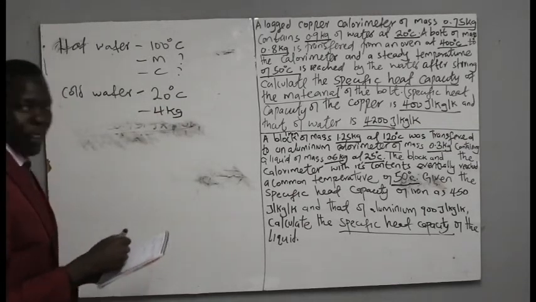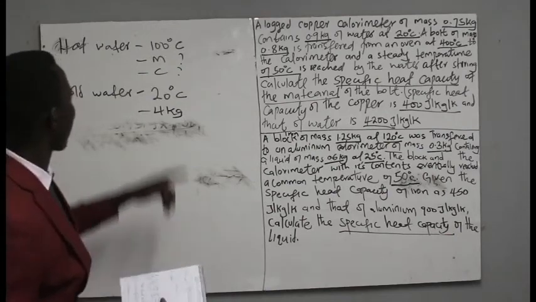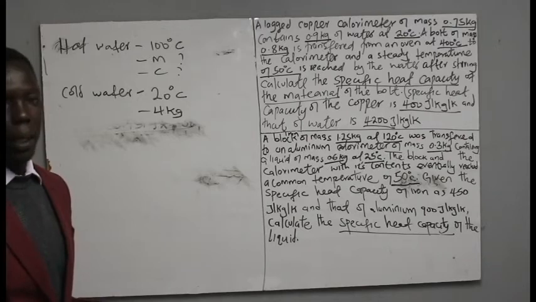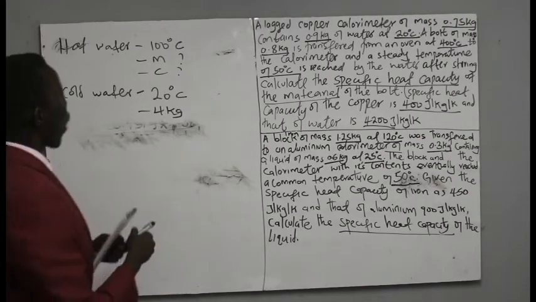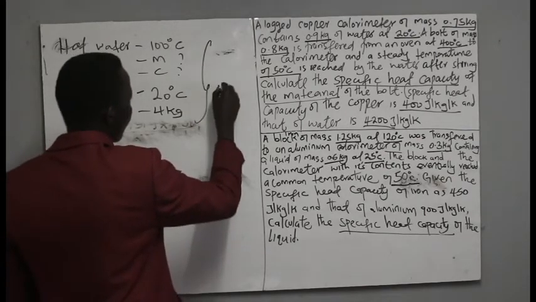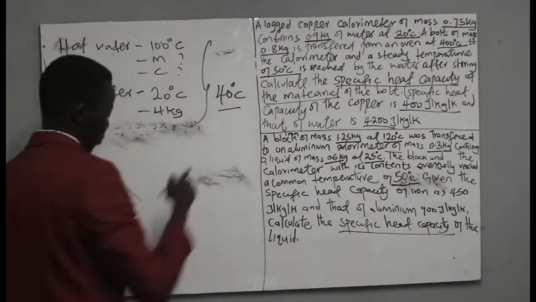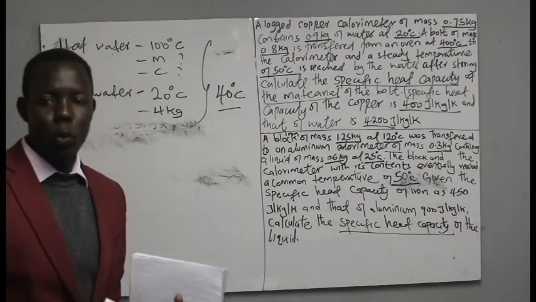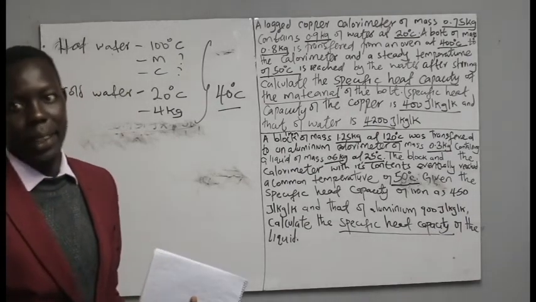Now, you are being asked a very simple question. What is the mass of the hot water that should be added to the cold water to bring it to a common temperature of 40 degrees Celsius? The heat gained by the cold water should be the same as the heat lost by the hot water.